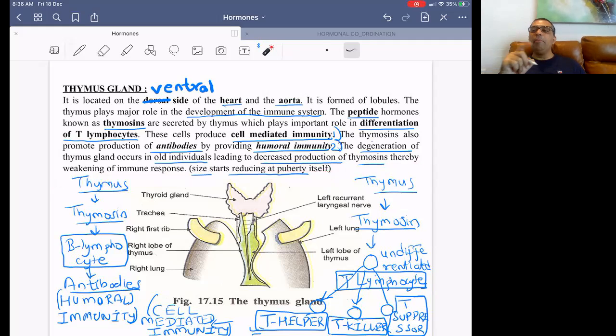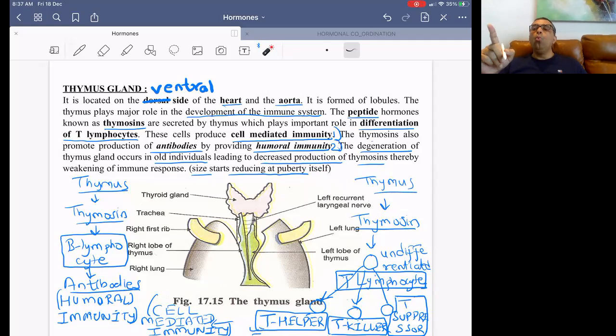From a very important point of view: which gland is concerned with defense mechanism or immunity? Thymus gland. Which gland starts degenerating at puberty itself? Thymus gland. Which gland converts T lymphocytes into T helper, T suppressor, T killer lymphocyte, that is cell mediated immunity?